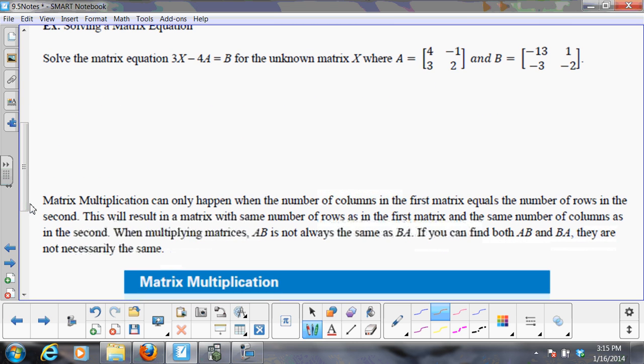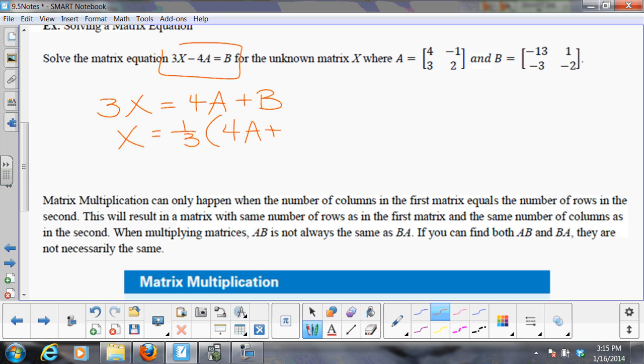Solving a matrix equation. So I'm going to take this here and solve it so X is by itself. Now normally we'd probably want to divide it by 3 and write it that way, like over 3.